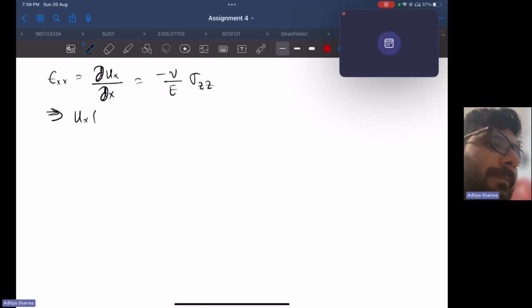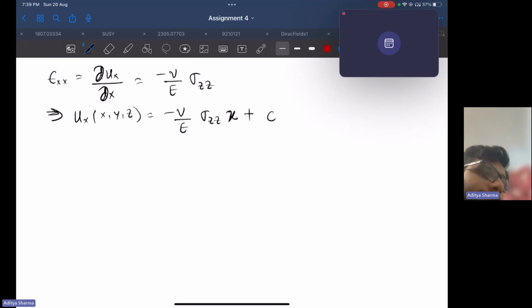So ux of x, y, z is just minus ν/E σzz times x plus c.